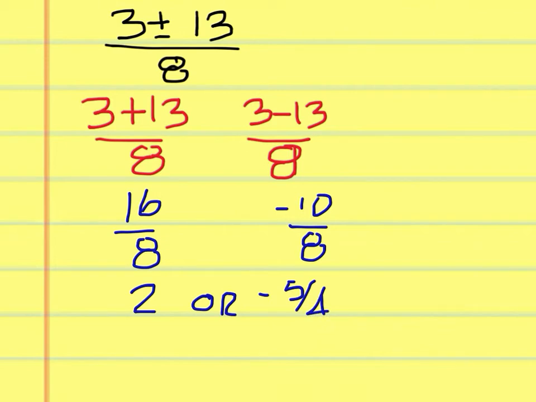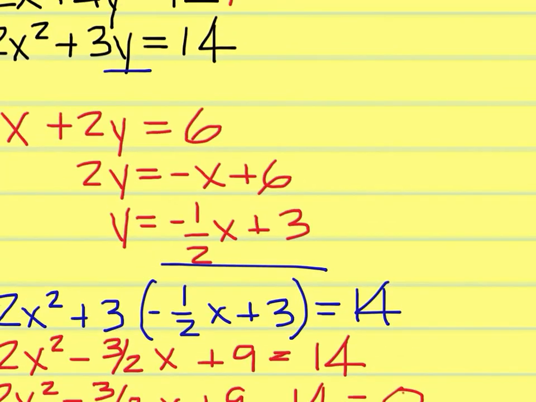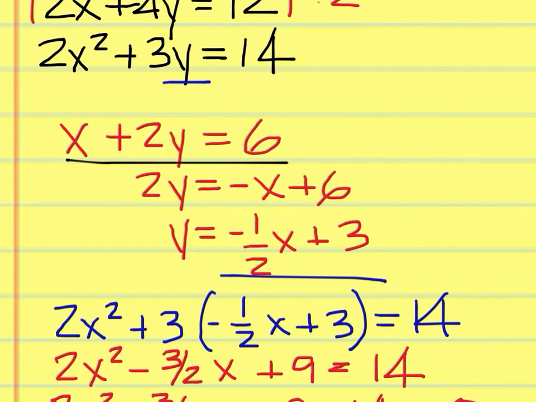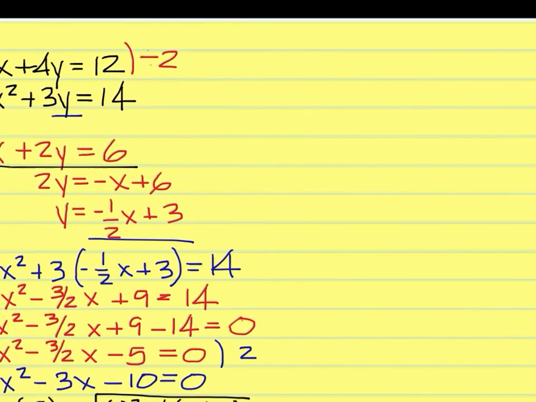You have to take those two numbers to the top of the problem and plug them in for x to come up with your values for y. So back up here to the top, you can use this one if you want, because remember, it's the same as the top equation. We just divided it all by 2, and it will still come out to be the same answer. So x plus 2y equals 6.